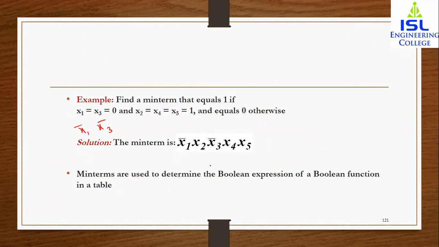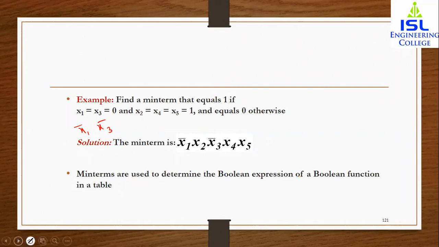Minterms are used to determine the Boolean expression of a Boolean function in a table. Here, the minterms in this Boolean sum correspond to those combinations of values for which the function has the value 1. The sum of minterms that represents the function is called the sum of products expansion or the disjunctive normal form.